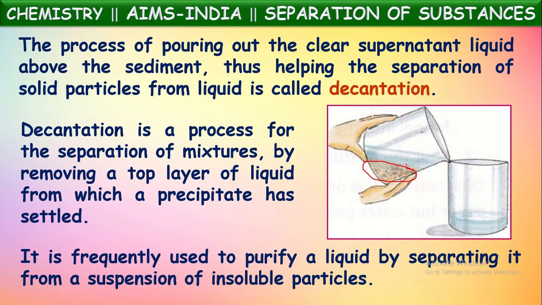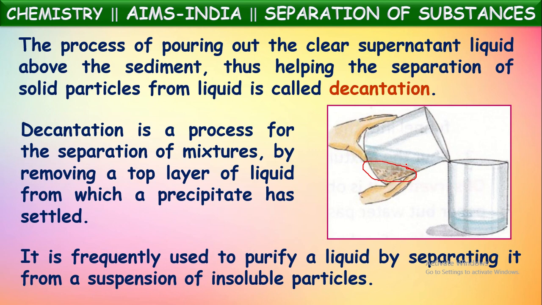Okay, generally, suspension mixtures are separated by using the techniques called sedimentation and decantation. These two processes are used together. First, they allow the suspension to stand for a certain time without disturbing. Then the solid particles in the suspension settle down. That process we call sedimentation.